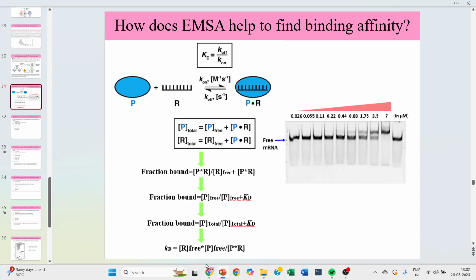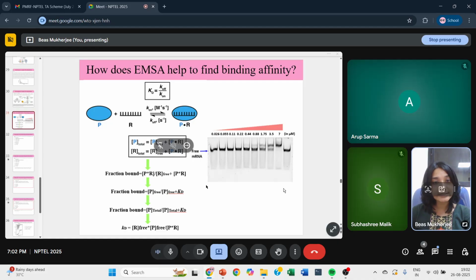Now how am I going to get this fraction bound? It's very simple. If you look at the lane on the extreme right, that is your completely free RNA, right? And if you look at, let's say, the third lane from the right, that is where the Kd is coming.